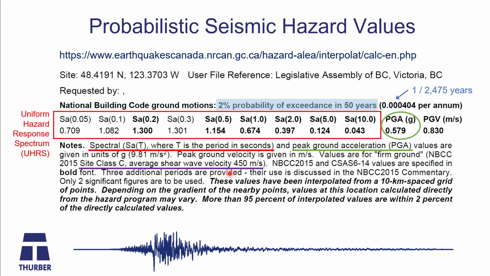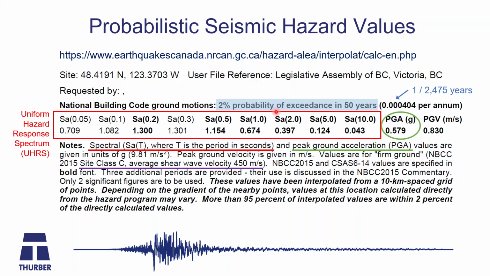This is an example of what we would be getting from the 2015 hazard calculator. We have a suite of spectral accelerations here for various periods, right? And in this red box, this is what forms what we call the uniform hazard response spectrum.